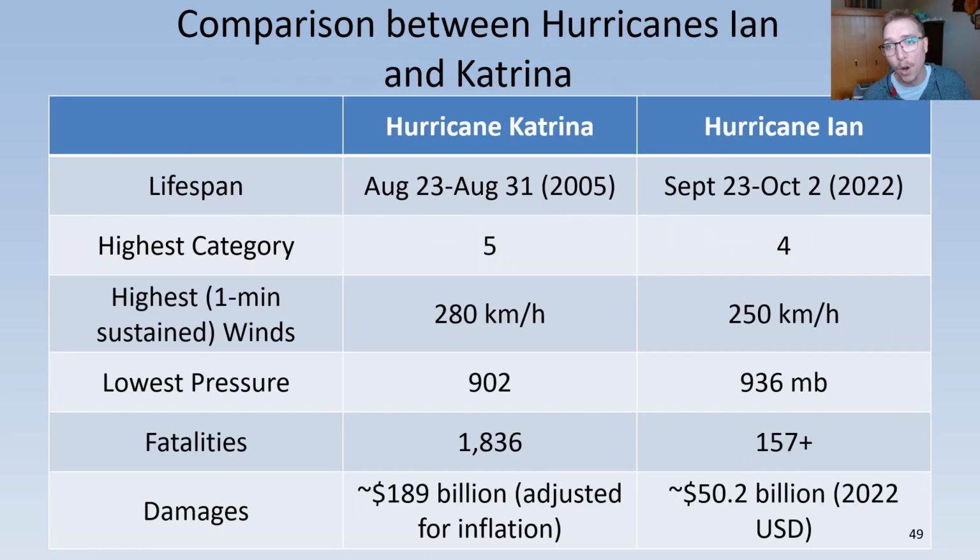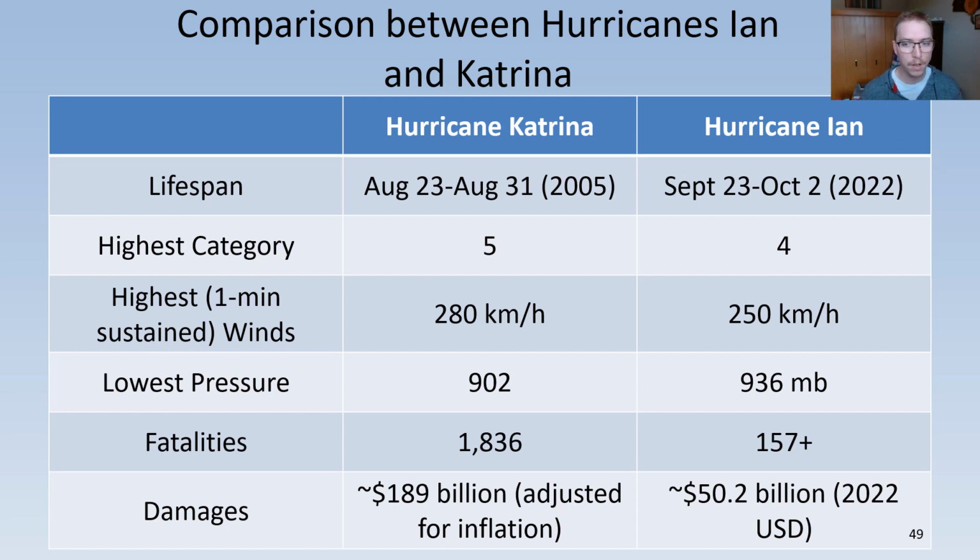So if we were to compare Hurricane Ian and Hurricane Katrina: Hurricane Ian happened late last year, September 23rd to October 2nd. Hurricane Katrina, August 23rd to August 31st. Katrina got to a Category 5, Ian got to a Category 4. Highest sustained 1-minute winds, 280 kilometers per hour for Katrina, 250 for Ian.